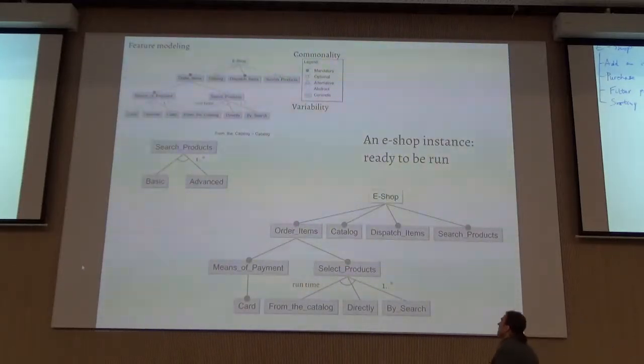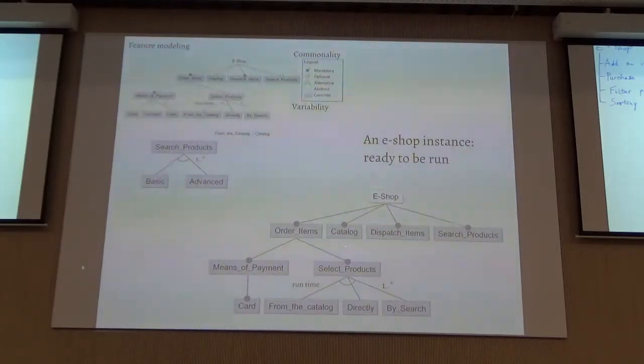We can use the same notation of feature modeling to express an instance of our system. In this case, when I selected the optional features like catalog, I decided to include it, so I made it into a mandatory feature. Also search products.